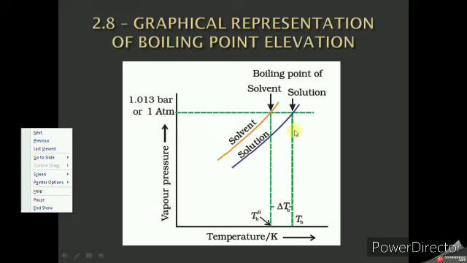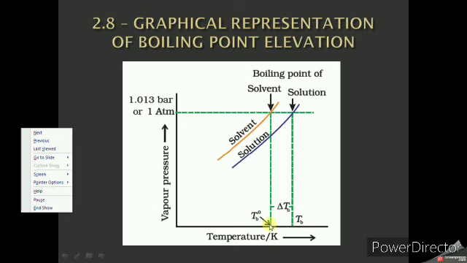The intersection of the solution curve with the line corresponding to 1 atm, that is 760 mm of Hg, is the boiling point of the solution. So it is denoted with this line, and here it is the boiling point of your solution, Tb. Similarly, the intersection of the solvent curve with that line is the boiling point of the pure solvent at 1 atm.